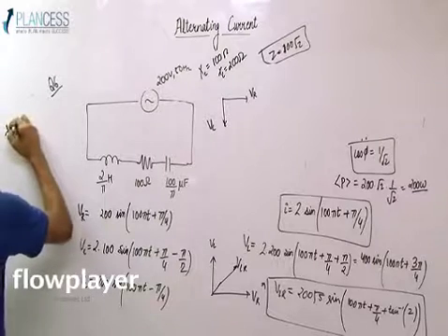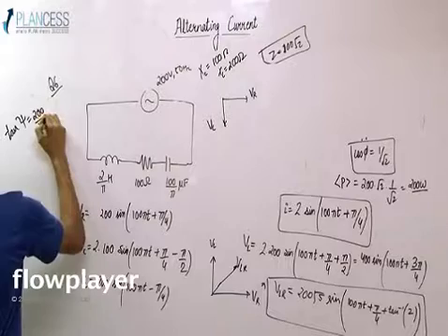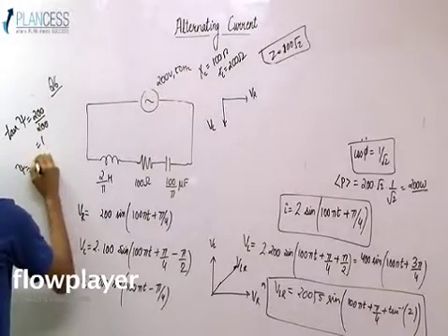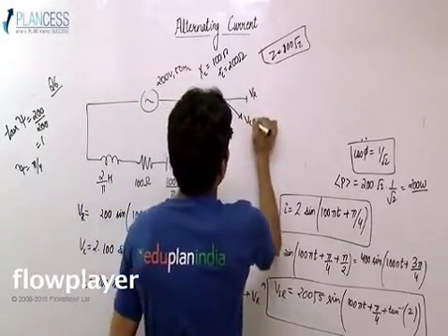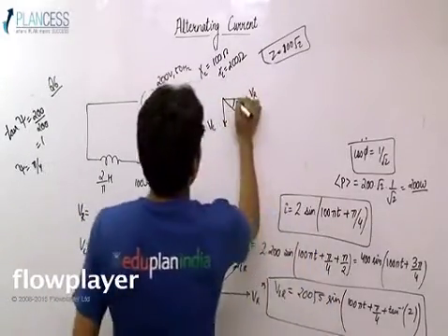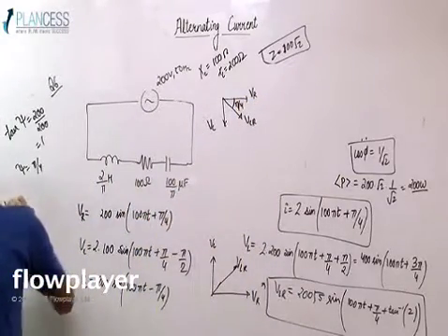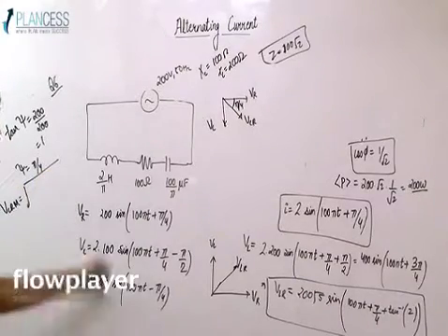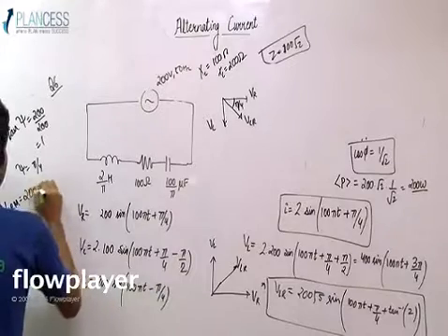I can say tan ξ is equal to 200 upon 200, that would come out to be 1, and thus ξ comes out to be π/4. So VCR would form an angle of π/4 in the negative direction, and the value of VCR maximum would be root over 200 squared plus 200 squared, that would come out to be 200 root 2.